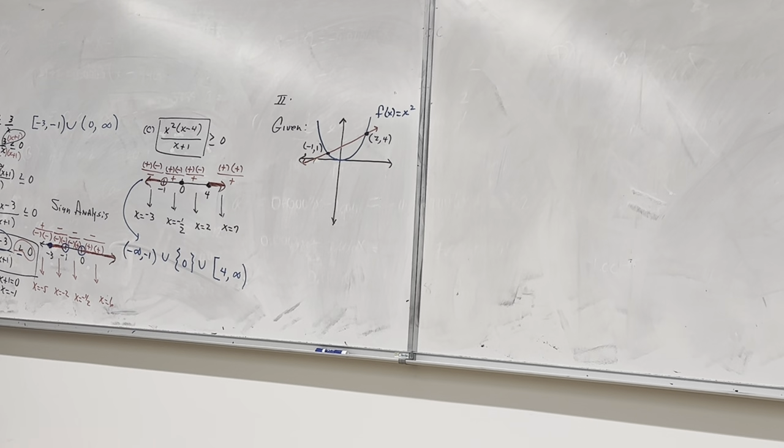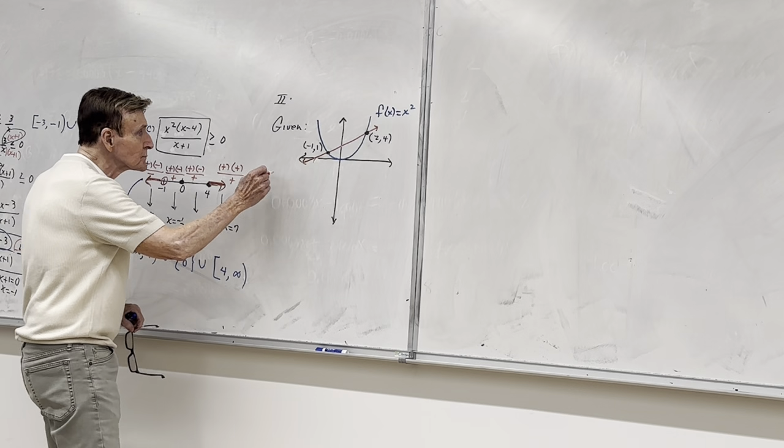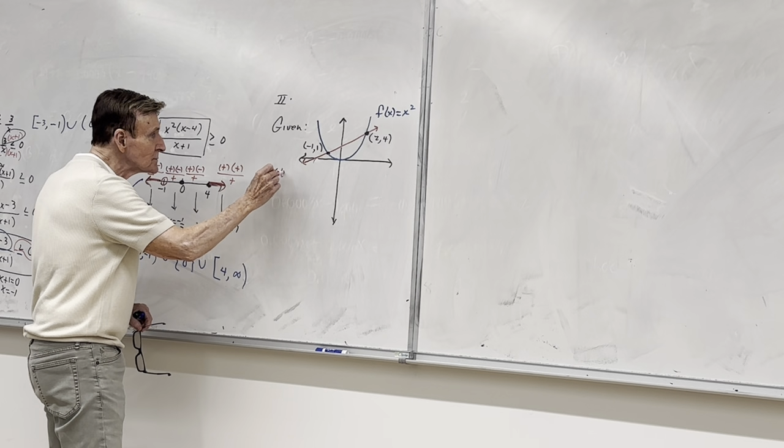It looks like it's going to be g of x equals x plus 2. Hang on, the red one. Let's call it g of x.